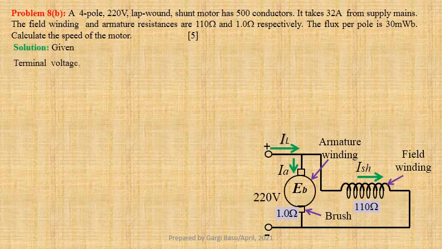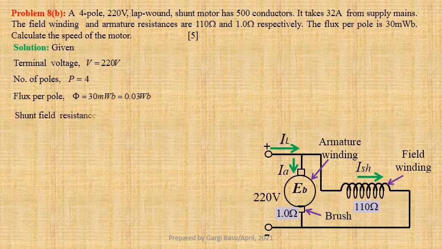Terminal voltage V equals 220 volts. Number of poles of the machine P equals 4. Useful flux per pole phi equals 30 milliweber, that is equal to 0.03 Weber. Given shunt field resistance RSH equals 110 ohm.